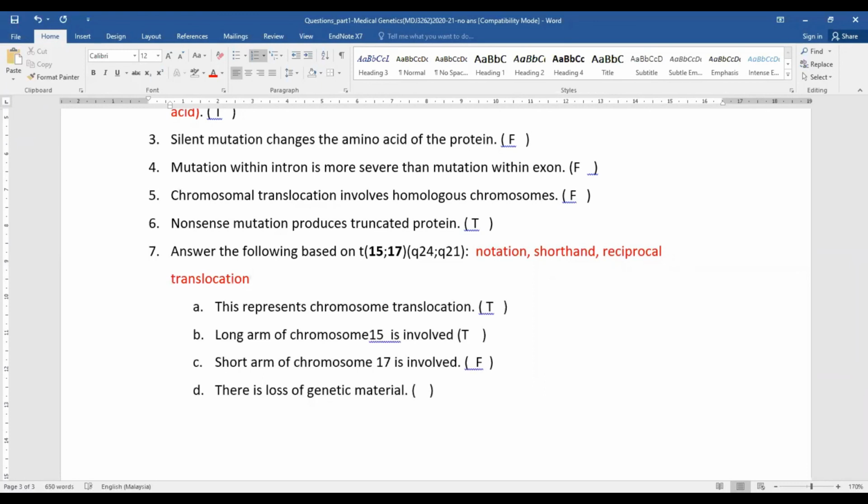Reciprocal means I give you some, you give me some. So chromosome 15 gives some to 17, 17 gives some to 15. Exchange. So there shouldn't be loss of genetic material. So this one is false. All right. Any problem? True, true, false, false.